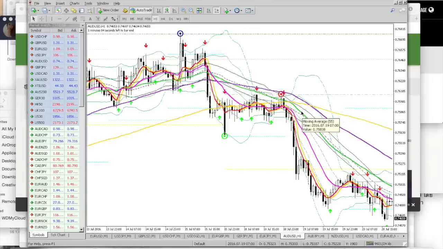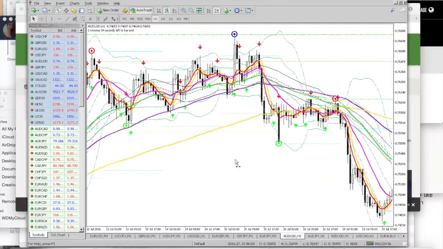The market does not have to reverse for you to take a reversal trade. There are two kinds of reversals that you need to know about, and reversal trades can be taken on either of these two kinds.